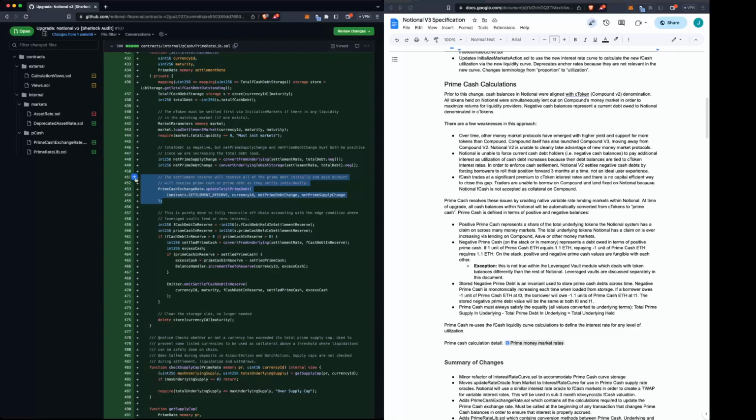So it represents the global amount of Fcash debt that has settled at that point in time, and it'll emit proper events to show that accounting. And then as individual accounts settle, they'll transfer their portion of the global debt that is settled onto their own balance sheet.